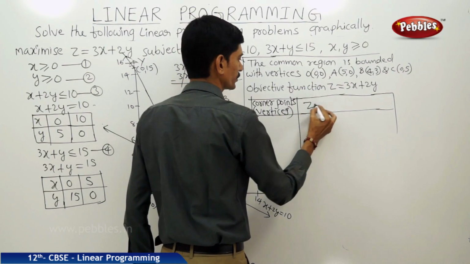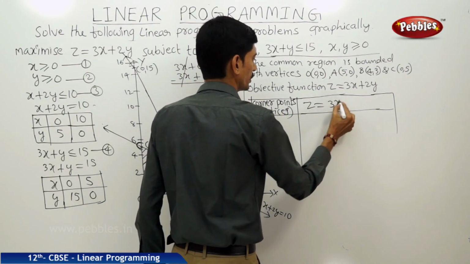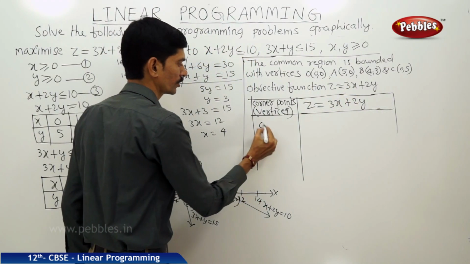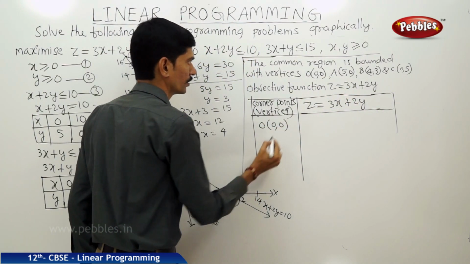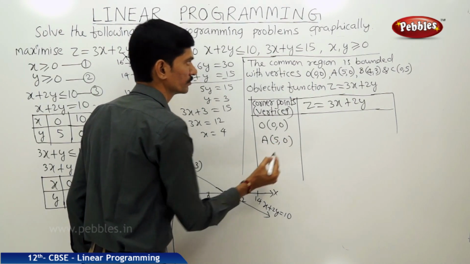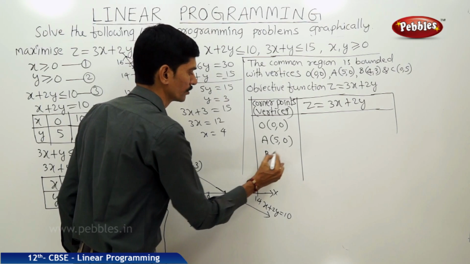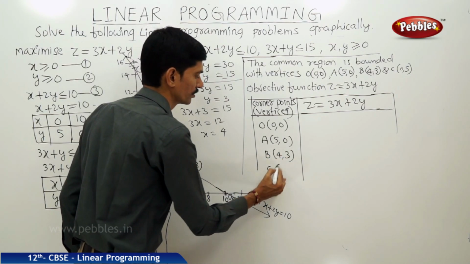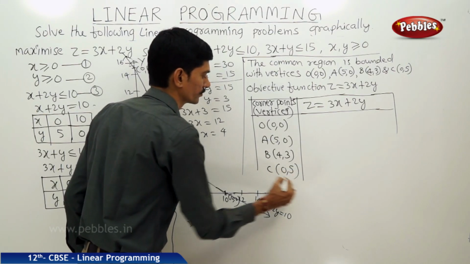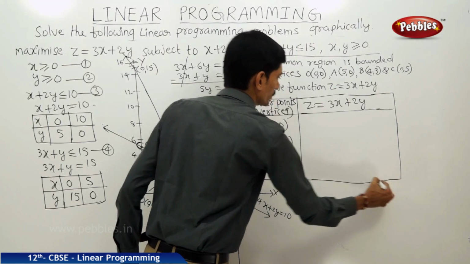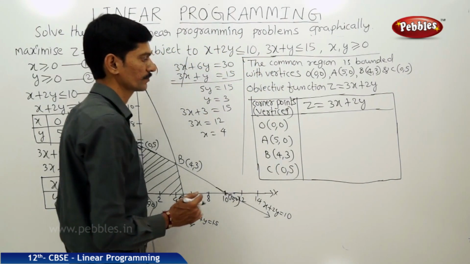Here objective function z equal to 3x plus 2y. Now the first vertex O 0 comma 0 and the second vertex A 5 comma 0 and the third vertex B 4 comma 3 and the fourth vertex C 0 comma 5. Let us find the value of the objective function at each of these vertices.